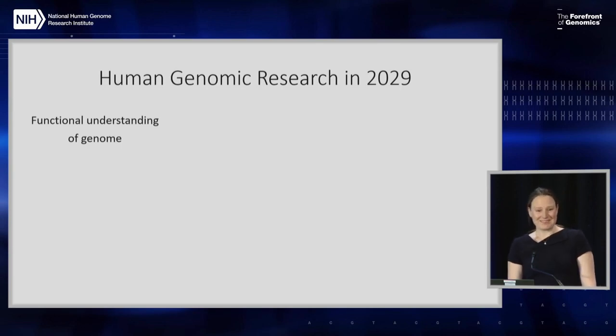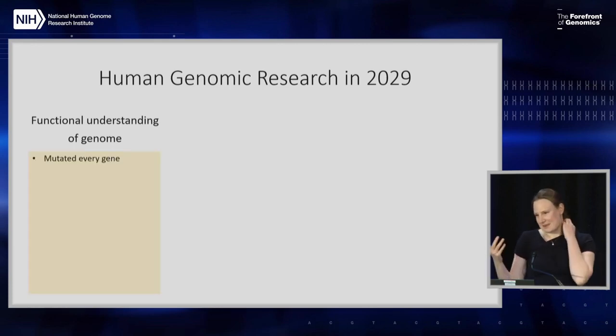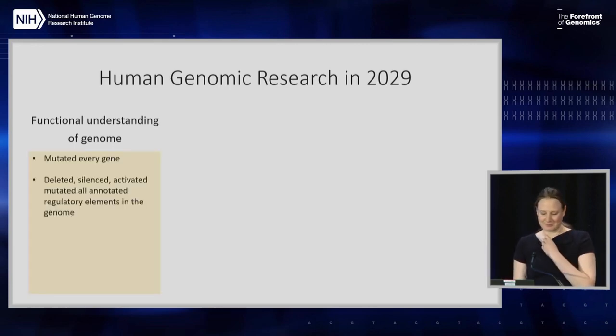So in terms of understanding the human genome, I think we will have mutated every gene in the genome. I think we will have deleted, silenced, activated, and mutated all annotated regulatory elements. I think we need a consortium-level approach to this, and we need to harness the abilities of all the different CRISPR-Cas9 technologies.